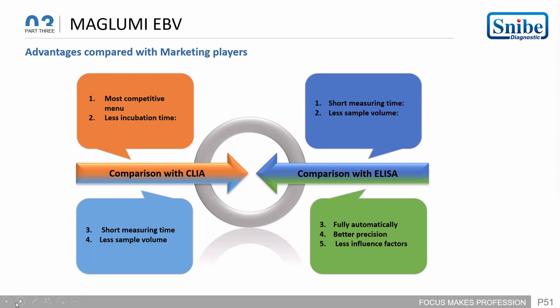Even though we do not have an electrochemiluminescence technique, Roche claims the shortest turnaround time due to it, along with small sample volume, broad measuring range, and no carryover due to disposable tips. But these claims are not practically proven.